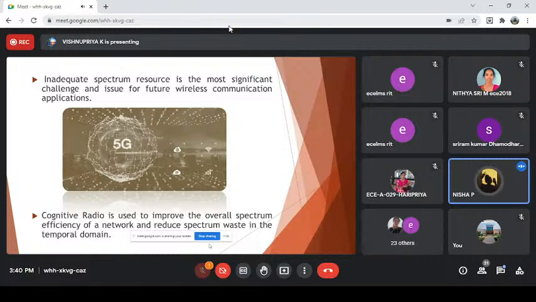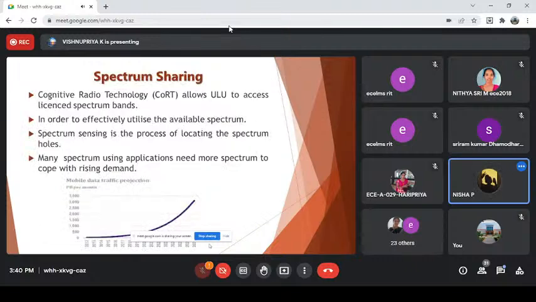Cognitive radio is used to improve the overall spectrum efficiency of a network and to reduce the spectrum waste in the temporal domain. Spectrum sharing is the simultaneous usage of a specific radio frequency band in a specific geographical area by a number of independent entities, leveraged through mechanisms other than the traditional multiple and random access techniques.